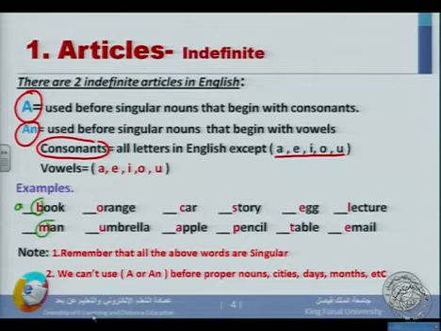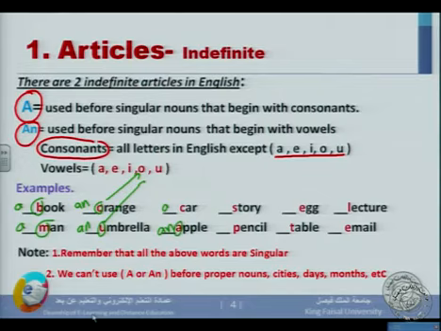Man also begins with a consonant, it takes a, and it is singular. Orange, قلنا هو حرف علة, vowel, so it takes an. Umbrella, also it is a vowel, so it takes an. Car takes a: a car. Apple, an apple, وهكذا.